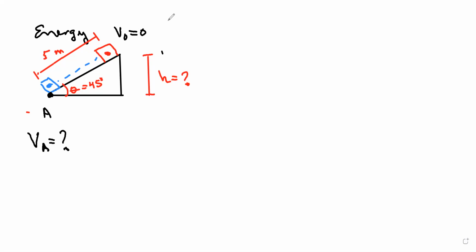So you want to know the velocity. How are you going to solve this problem? Well, we can use energy considerations, and the energy is going to be conservative. Now, what does that mean? Well, that means that the energy is going to be constant in the whole process. So the initial energy has to be equal to the final energy.